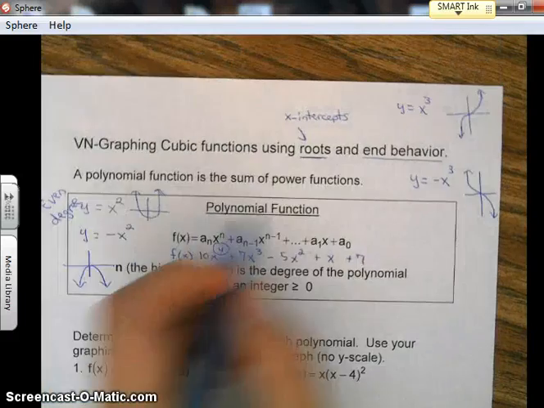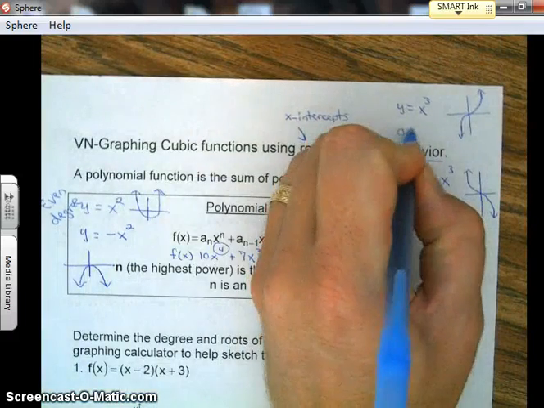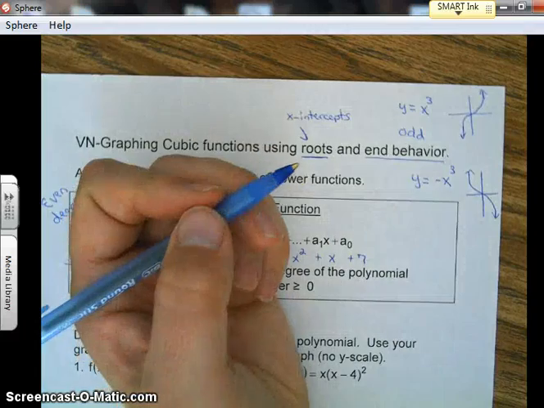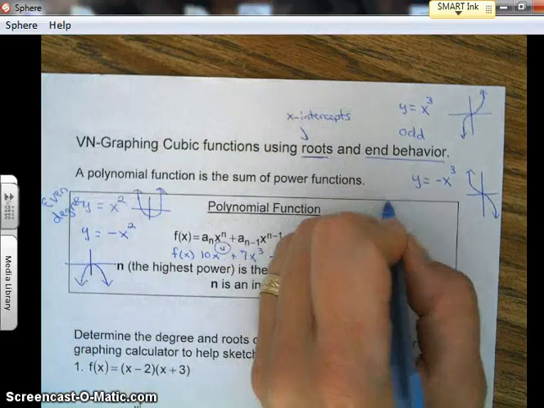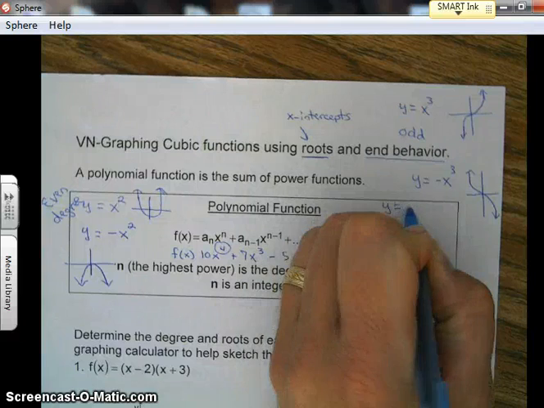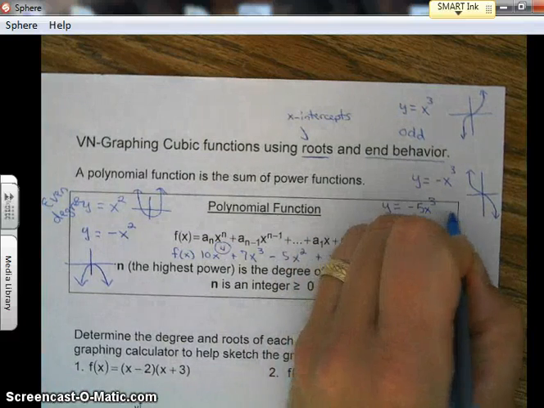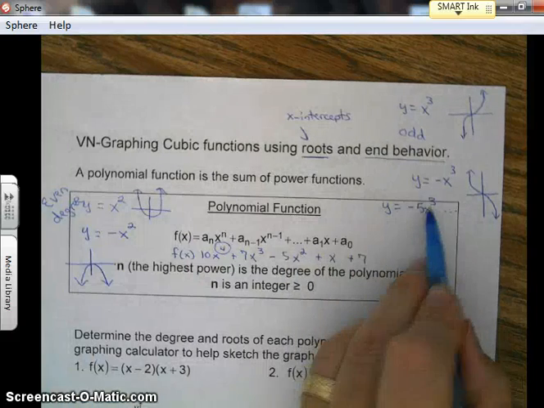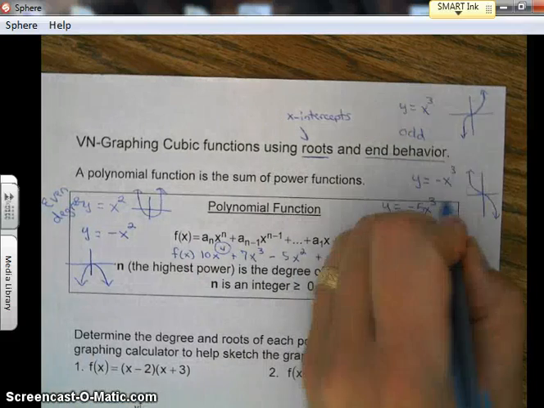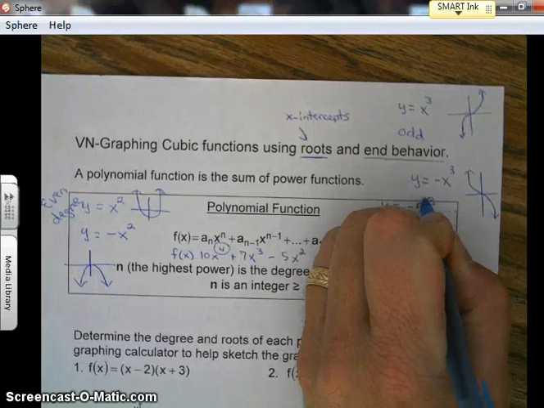Odd degrees over here. So for example, if we had a polynomial that went like this, y equals negative 5x to the third, and then the rest of it. So we know it's odd. Actually, let's make it a different number. Let's make it 13.